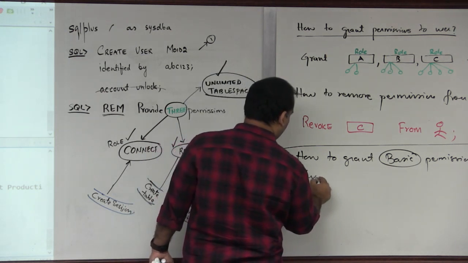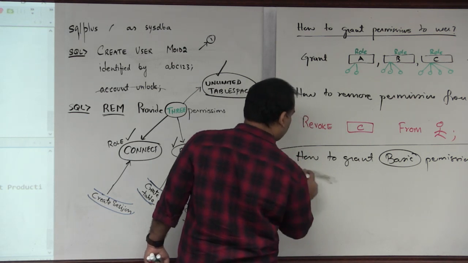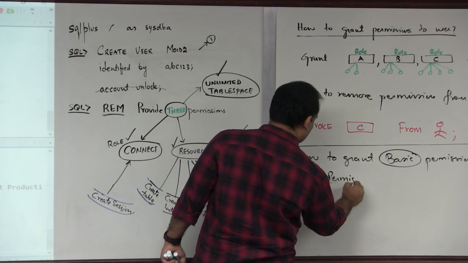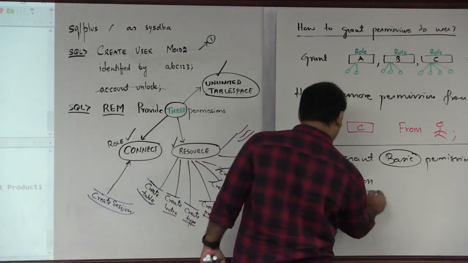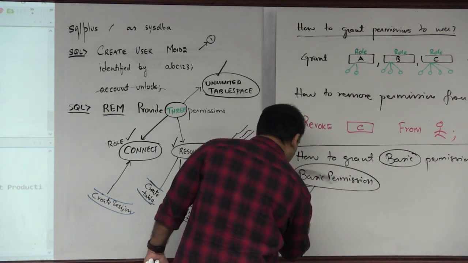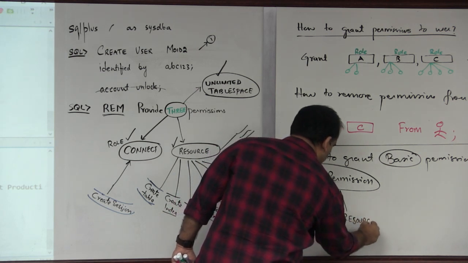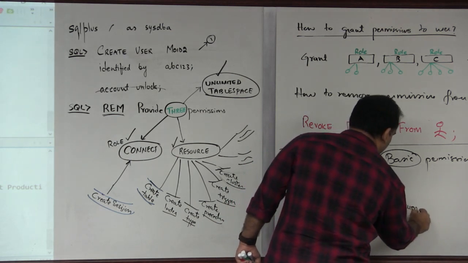Whenever I say basic permissions: connect, resource, and unlimited tablespace.